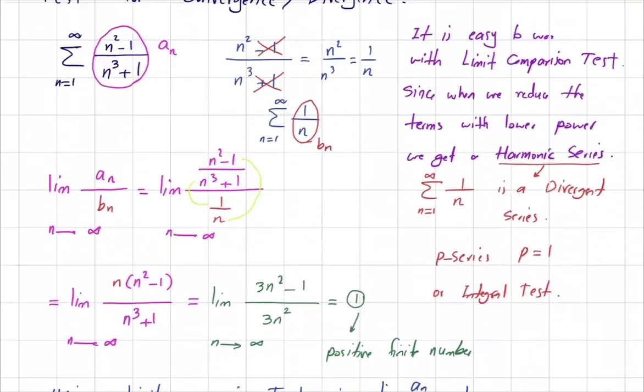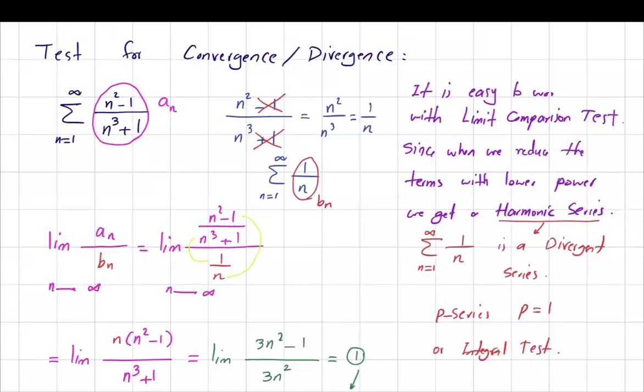Just to recap what we did. We are analyzing the convergence and divergence for the following series. Since I have n squared minus 1 divided by n cubed plus 1, it's easier for me to work with the limit comparison test.